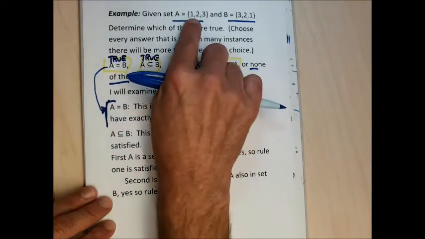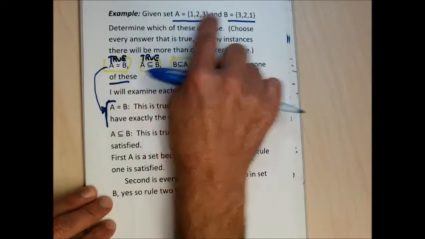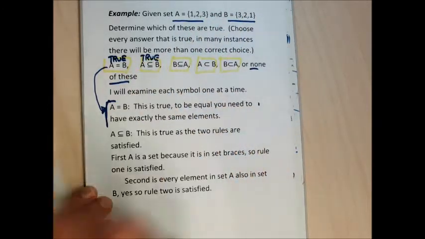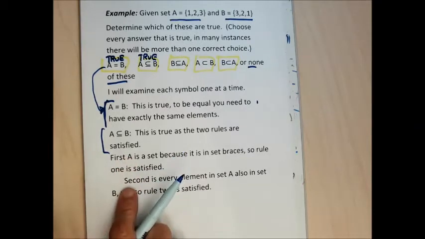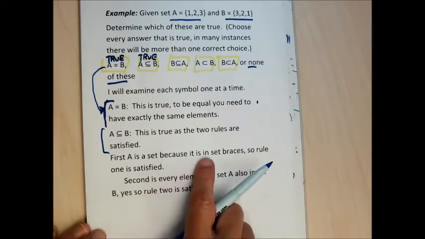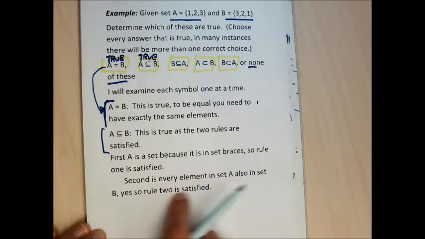A has to be a set, and the 3 elements in A have to be in B, so that's also true. And that's kind of what I go on to say here. I say A is a set, and every element in set A is in set B.